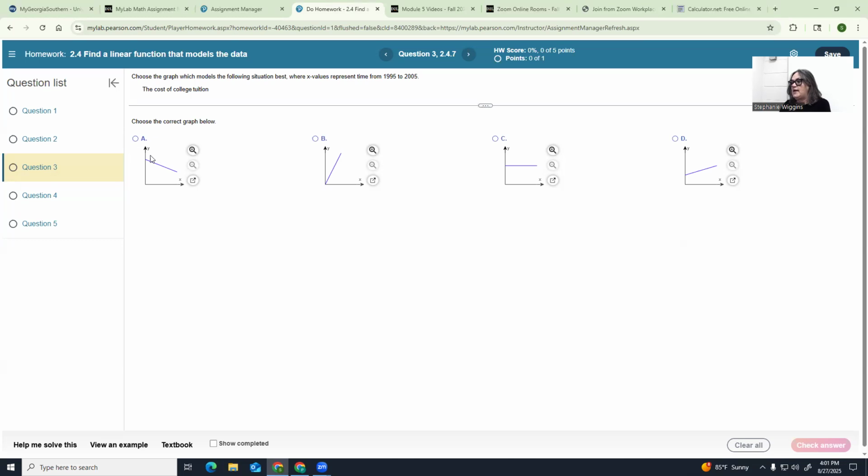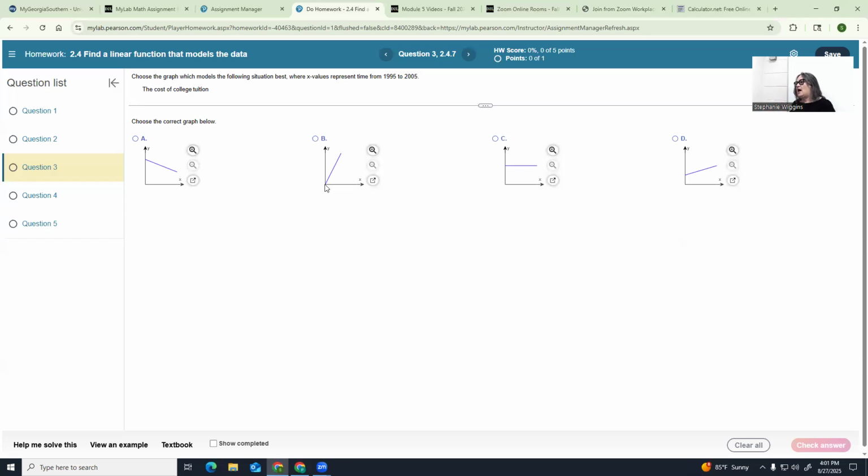As you go from left to right, you can see it's going down. And C is not a good choice because it's constant. Certainly college tuition has been rising. It's not staying constant. So we see two choices here. Now let's look at B. B shows that it passes through the point 0, 0, which is the origin.